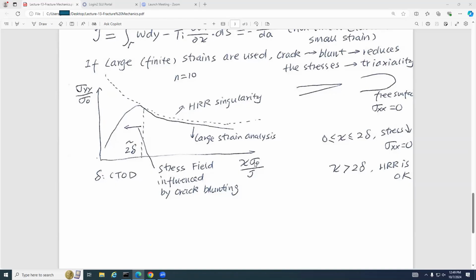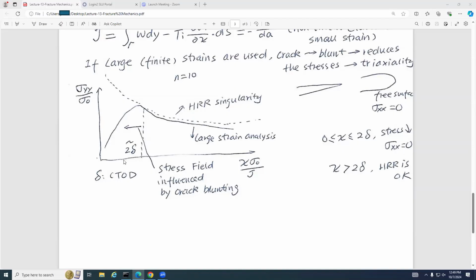Here is x sigma 0 divided by J. So this is a normalized relationship between sigma 0 and sigma yy. Look at the free surface, where sigma xx equals 0. For this blunt crack, from 0 to 2 delta, stress goes down, and sigma xx goes to almost 0.